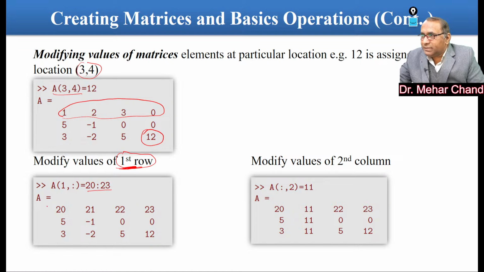When you enter it, you can see this is the new matrix. Except for the first row, the second row and third row will remain the same. Only the elements of the first row have been replaced, and these are the new values: 20, 21, 22, 23.